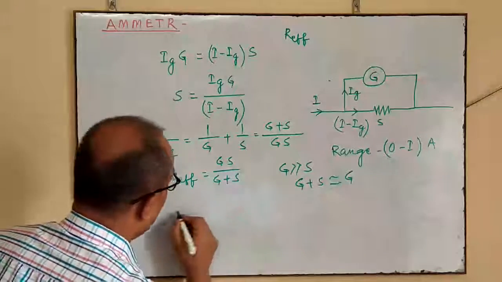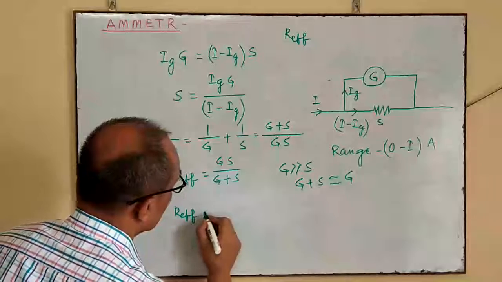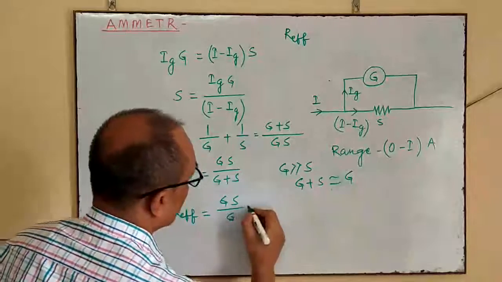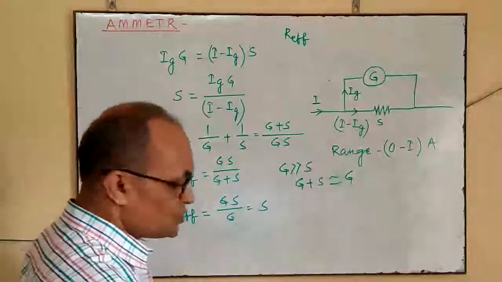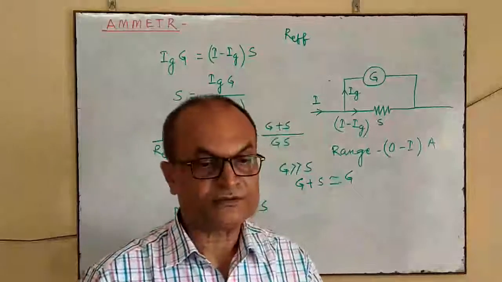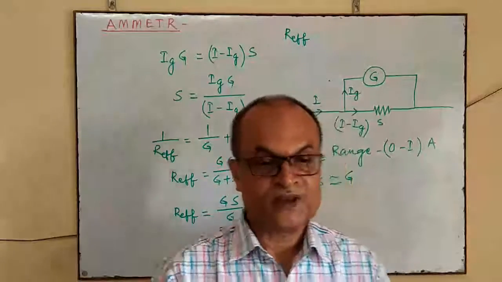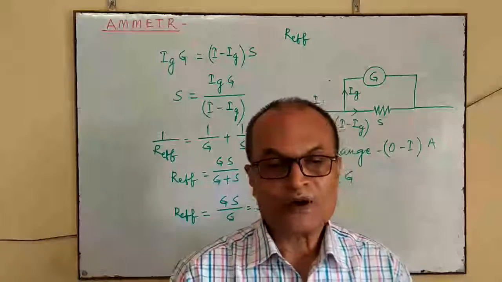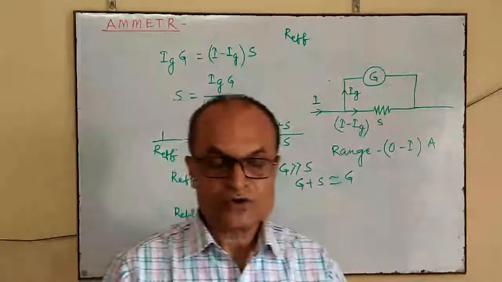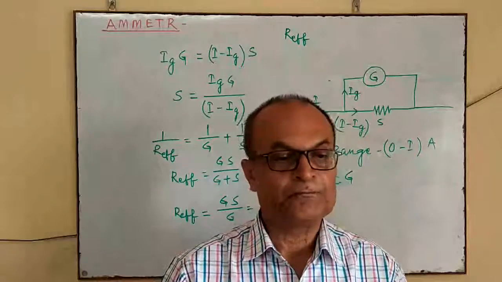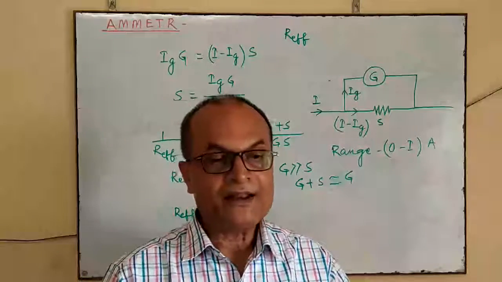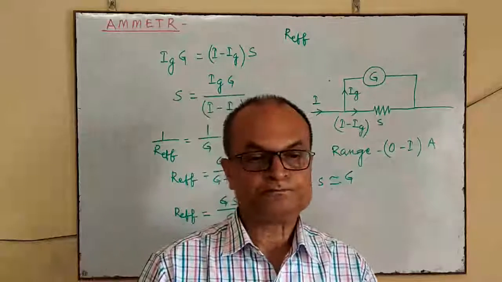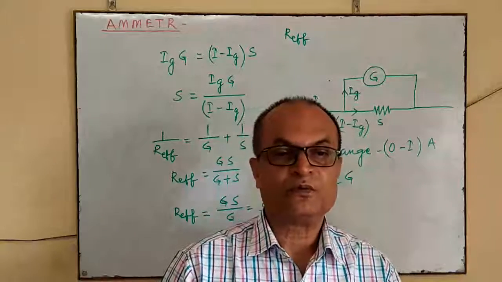So R effective will be equal to GS by G, which equals S. So R effective of the galvanometer is very small. Thus an ammeter is a low resistance device. So we can say theoretically the resistance of an ideal ammeter is 0. Now we are moving towards the voltmeter.